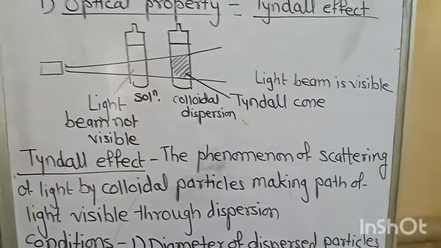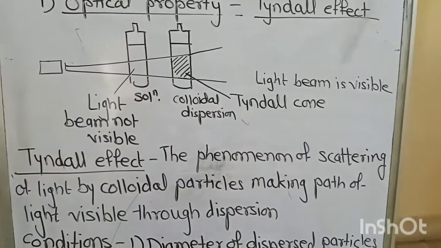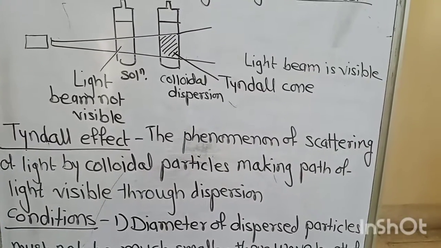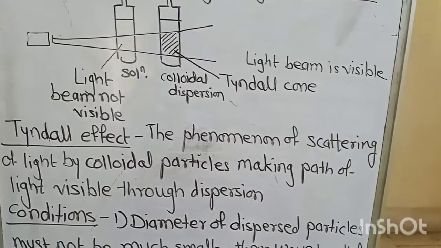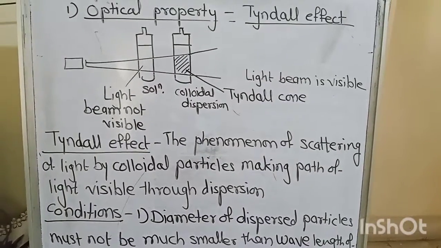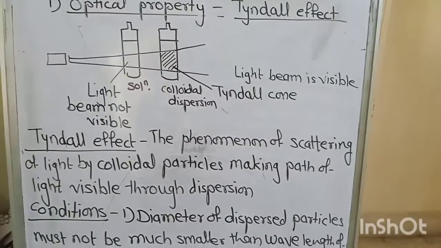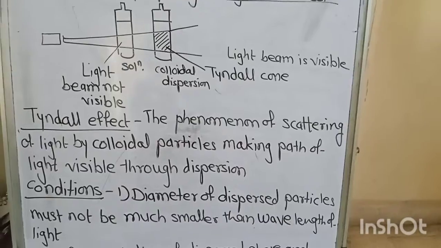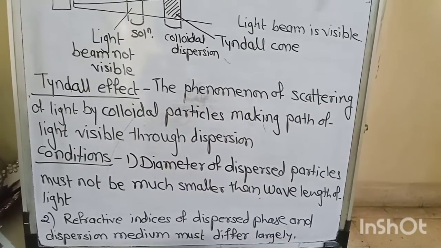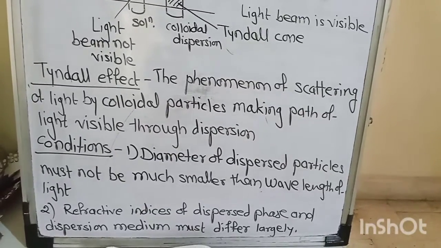It is due to the property of colloidal particles that they scatter light. So this phenomenon of scattering of light by colloidal particles, making the path of light visible through the dispersion, is called the Tyndall effect, and that cone is called the Tyndall cone. Of course, there are some conditions to observe the Tyndall effect. First condition is that the diameter of dispersed particles must not be much smaller than the wavelength of light.